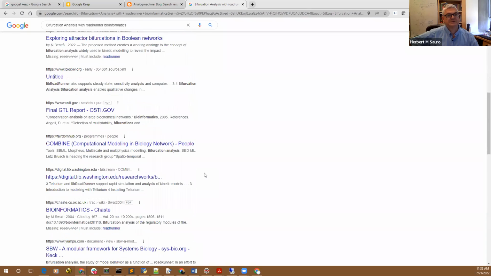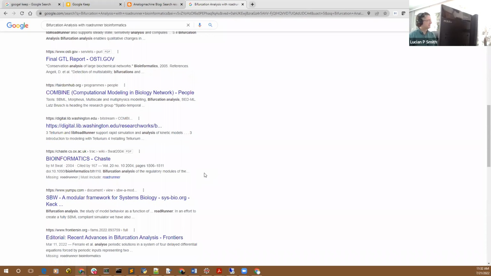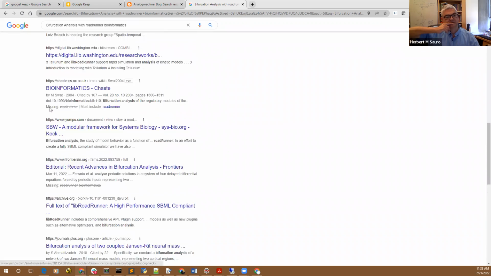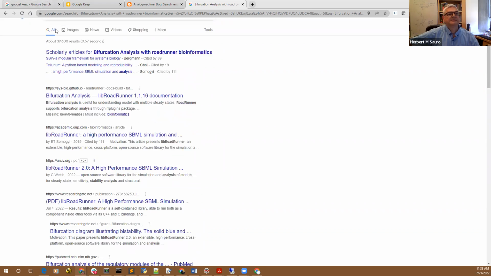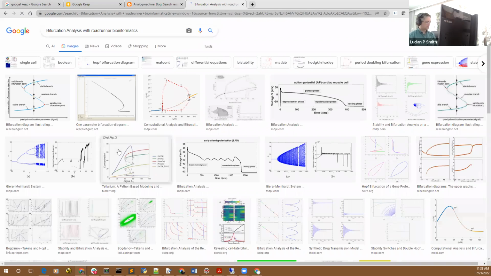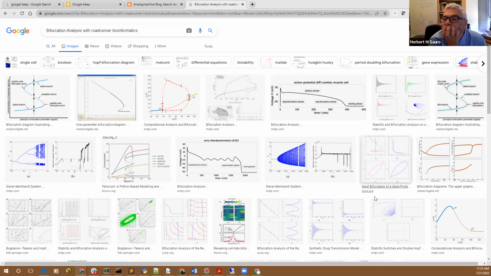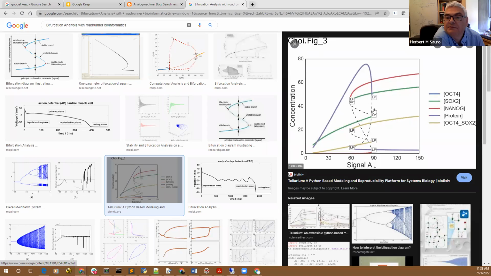It was a group at PNL. I have to look it up. Well, there's one example of one of our bifurcation plots.